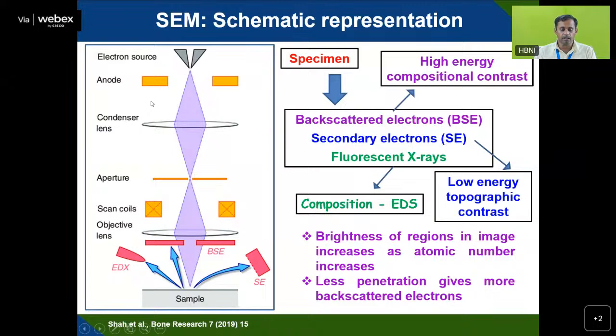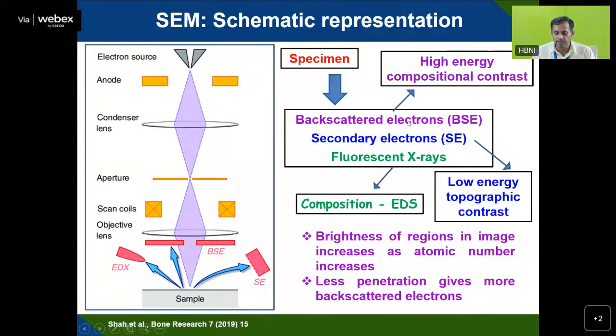That electron passes through the anode and condenser lens, aperture, and then scanning coils. Here you have a raster scanning coil, and then it produces an image on the sample, on the film or photographic, or you can see it on the screen.